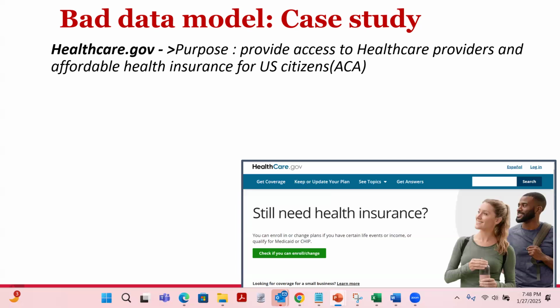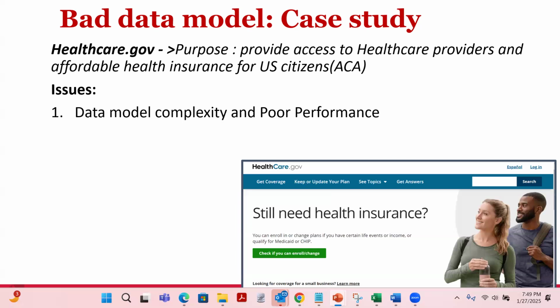You can read a lot online about healthcare.gov, but as with any system that was initially designed really well, not enough time was spent on actual implementation, and the system had multiple issues. First of all, the data model behind the system was very complex.